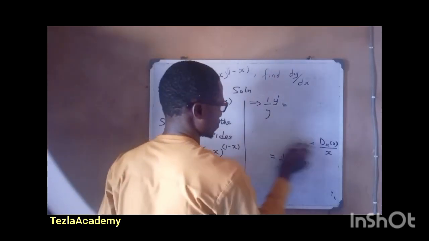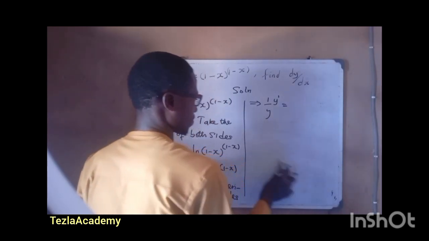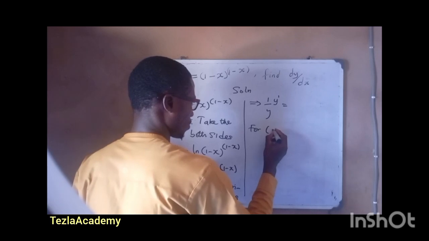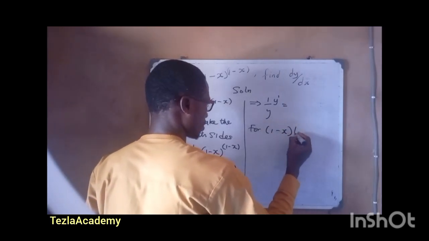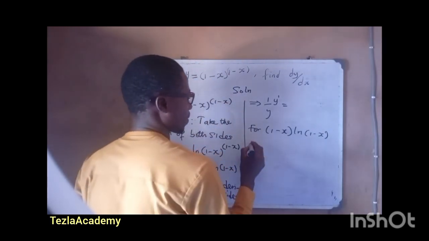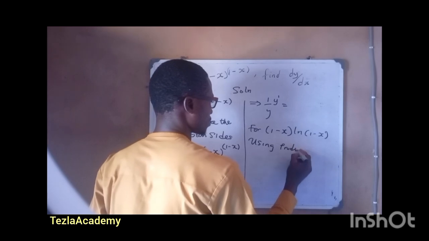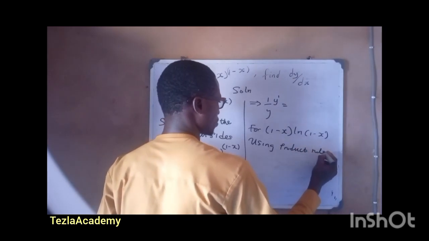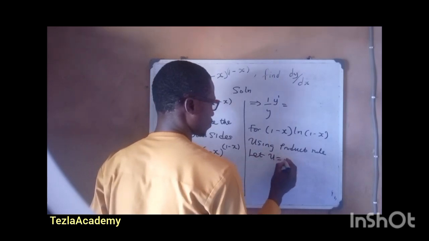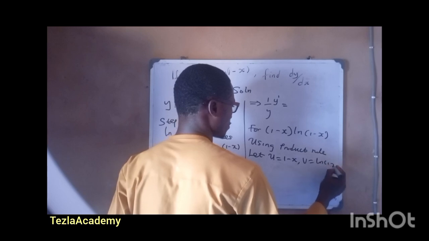So going over to the other side, that's the side of (1 minus x) ln(1 minus x). We'll have, using the product rule, let u equal 1 minus x and v equal ln(1 minus x).